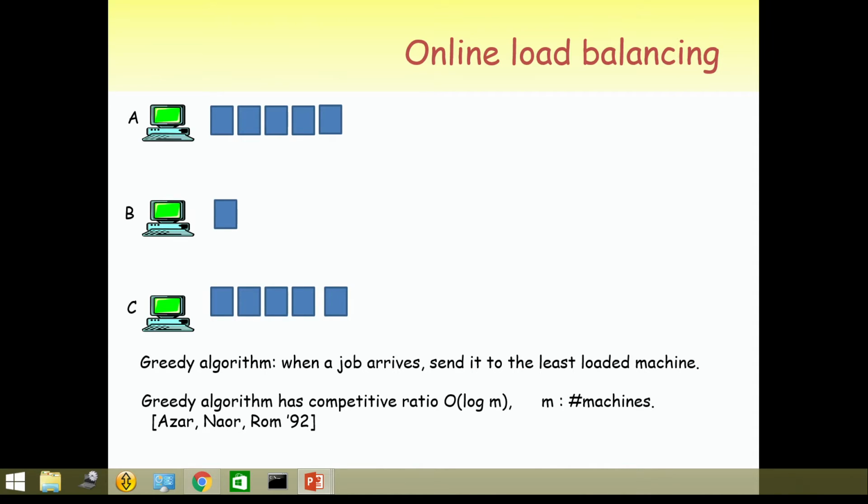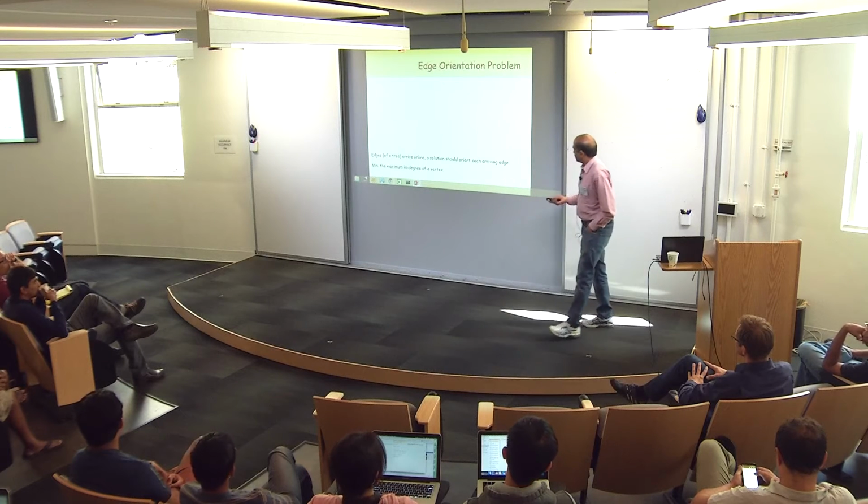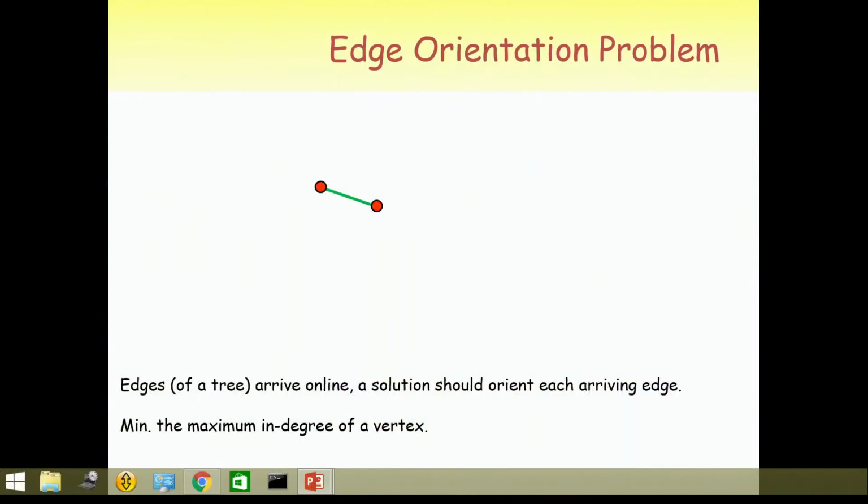Each job is unit size, and when it comes, it specifies which machines it can go to. Think of machines as vertices in a graph, and each job is like an edge. All you have to do is orient this edge, say like this and so on. The load is like the degree of a node, so you want to minimize the maximum degree of a vertex.